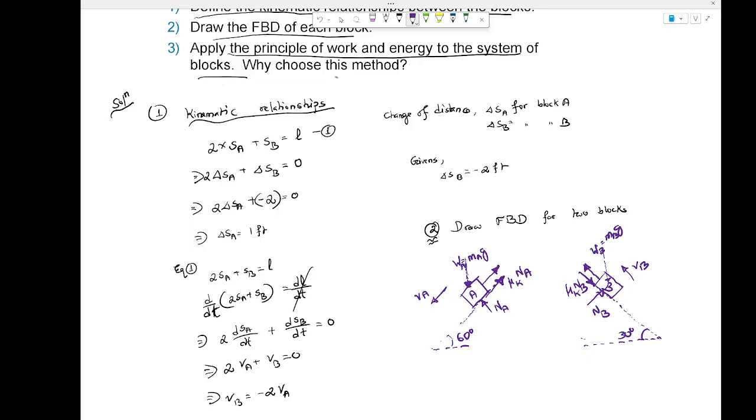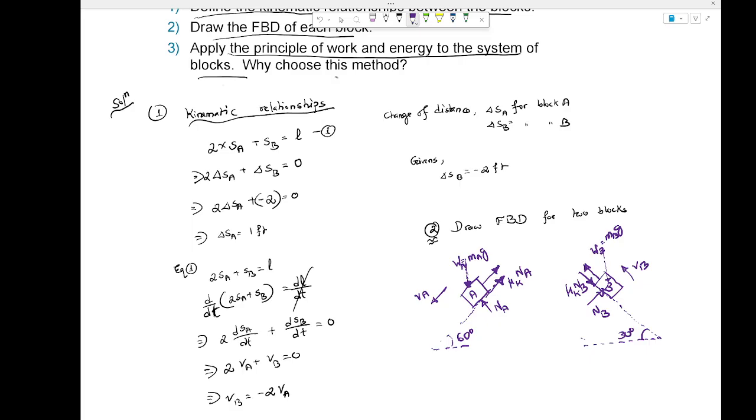So, in other words, if I'm going to deal with block A, then the normal force direction would be your y direction, right? So can you do a summation of force in y direction for block A only and be able to find the value? And how?